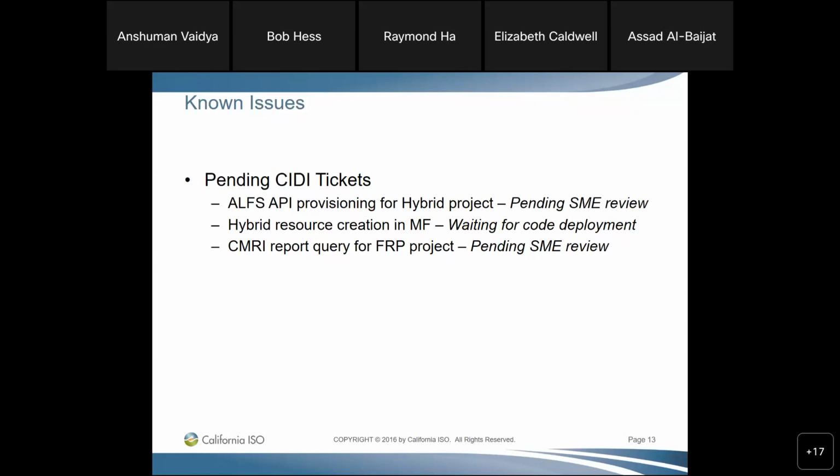Hi, Instrument. This is Chenyu. So in the FRP training, I did ask a question on behalf of our SMEs about whether CAISO can simulate the FRP to just make sure that the FRU, FRD will be non-zero values.